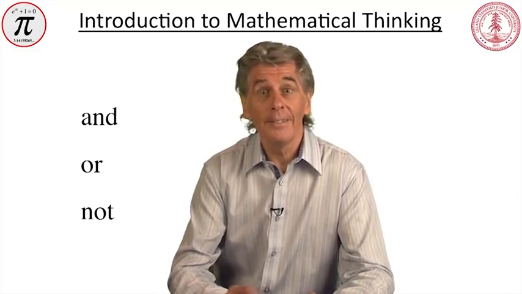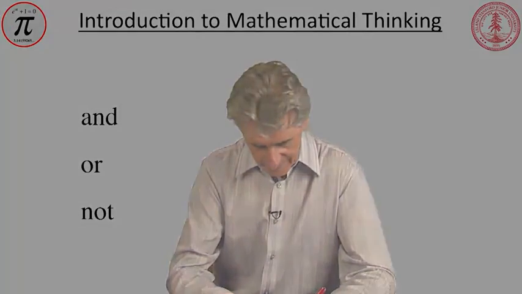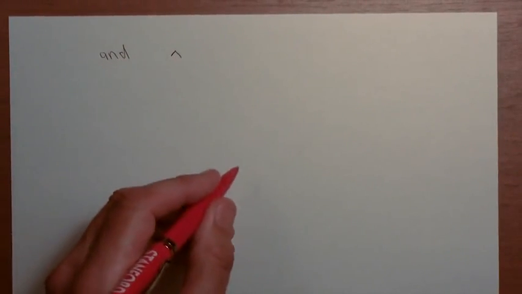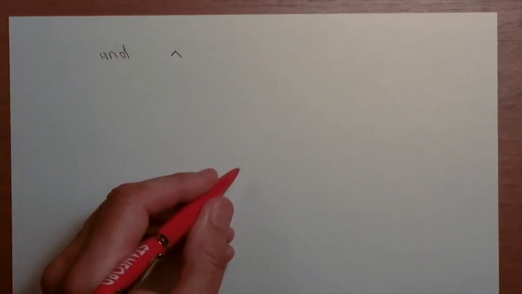Let's start with and. We often want to combine two statements into a single statement using the word and. So we need to analyse the way the word and works. The standard abbreviation that mathematicians use for this is an inverted V, known as the wedge.